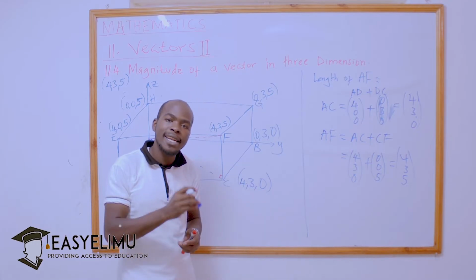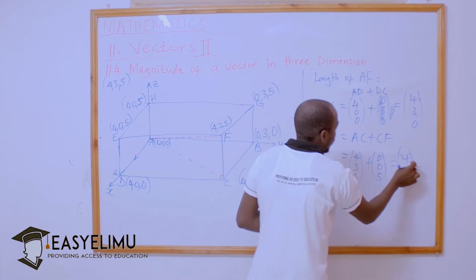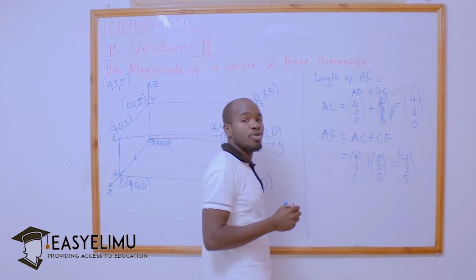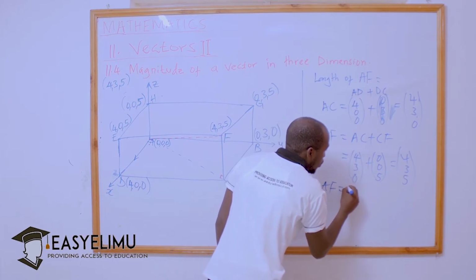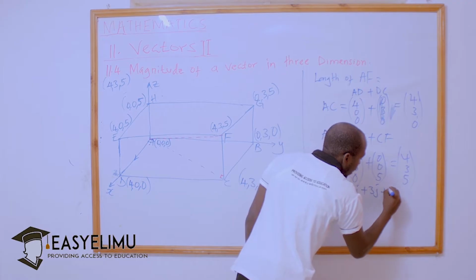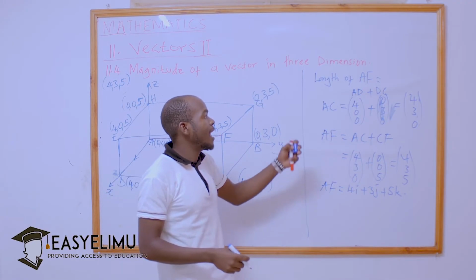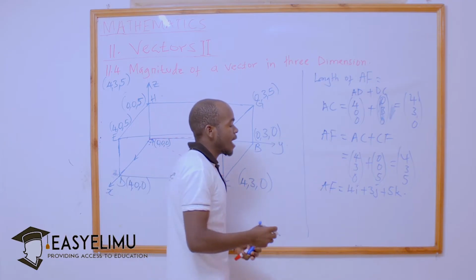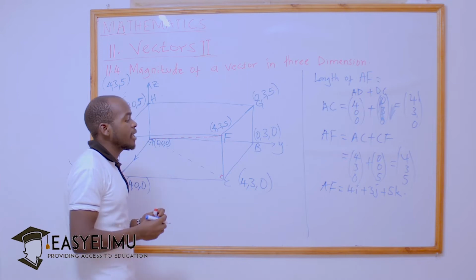But we need to calculate the length of AF. Remember, if you have it in this direction, it's like writing in terms of unit vectors. You will have AF equals 4i plus 3j plus 5k. But if you want the length, then the length can be calculated by finding the magnitude of that given value.